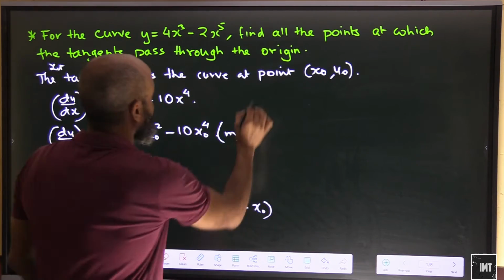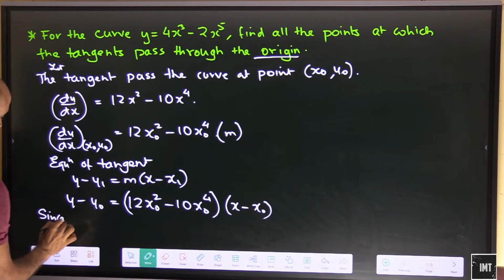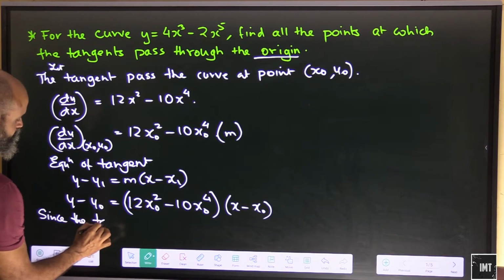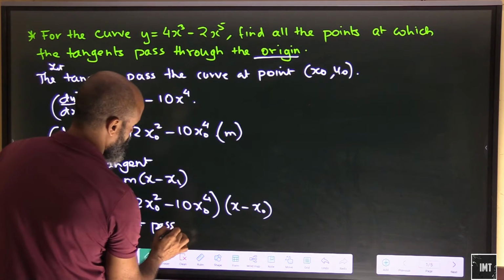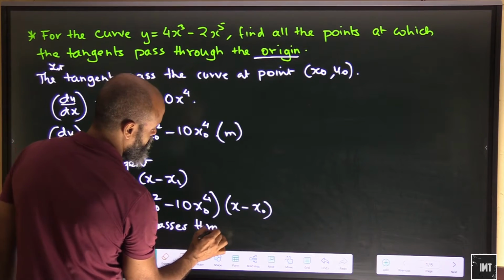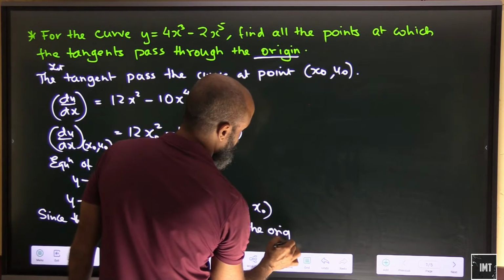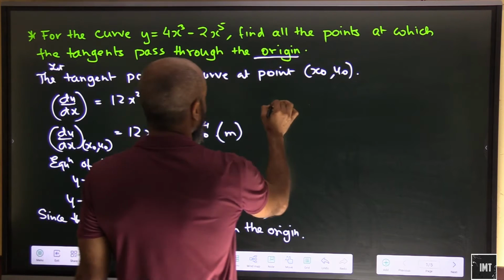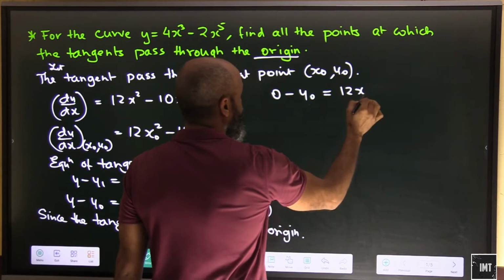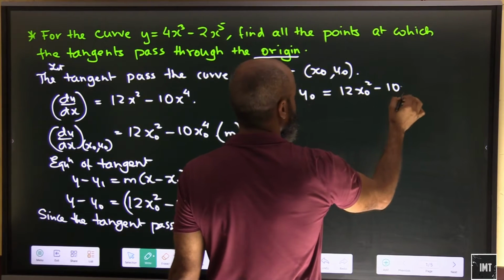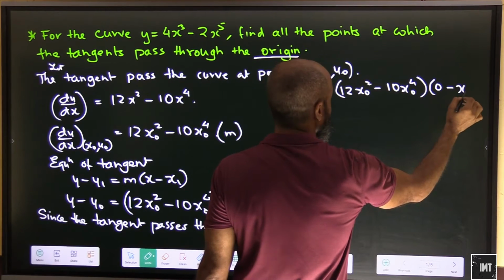Now here it is said that it passes through the origin. So since the tangent passes through the origin, we can say 0 minus y naught is equal to 12x naught square minus 10x naught raised to 4, into 0 minus x naught.